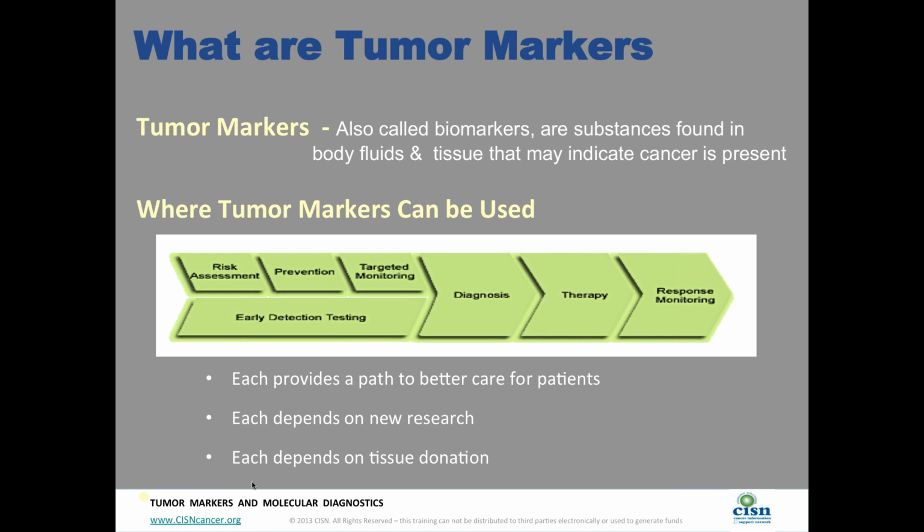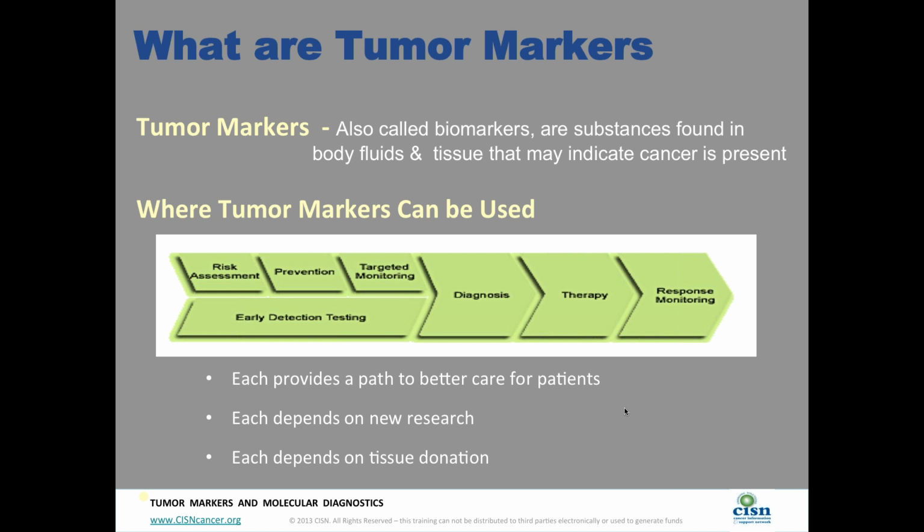It's being used today in diagnosis, therapy, and a little bit in response monitoring as well. And each of these areas have room to grow and expand, and as new research moves in, all of these different categories will continue to grow. But each one of them provides a path to better care for patients.